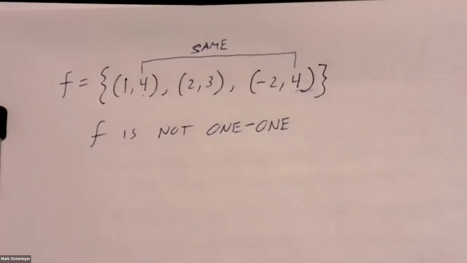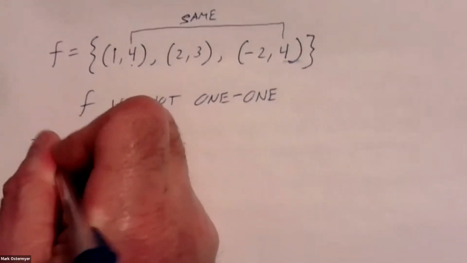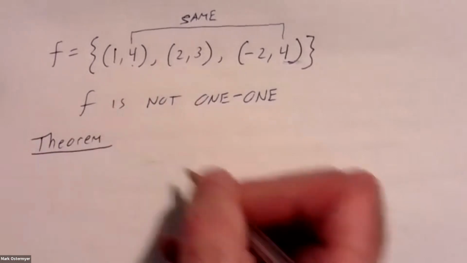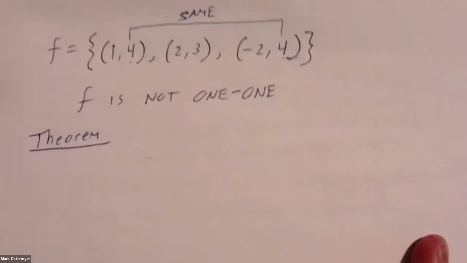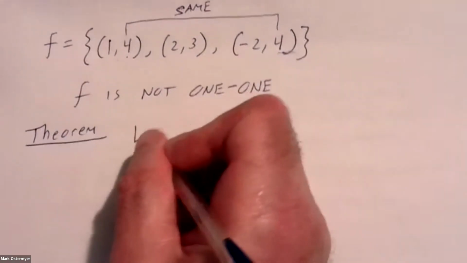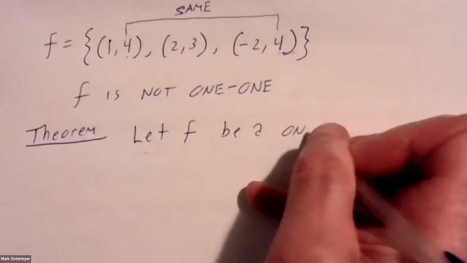Now, here's a very important theorem that enables us to determine if 2 functions qualify as being inverses of each other. This theorem actually makes use of the composition operator. Remember when we were studying algebra of functions, we had something called a composition operator. Basically this theorem says this: let f be a one-to-one function.